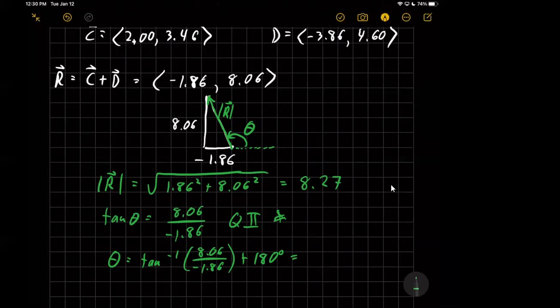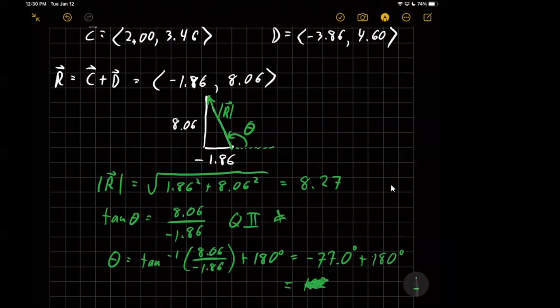All right, and so I'll type that in very quickly into my calculator. And negative 1.86. So the first part of this is negative 77.0 degrees when rounded, but clearly that's wrong. That would be pointing into the fourth quadrant. So when I add 180 to it, the answer comes out to be correctly pointing at 102.99.